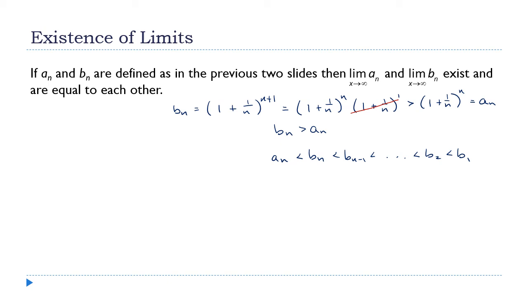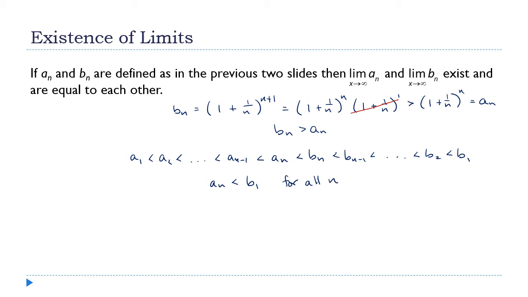And with the a's, it's the other way around: a_(n-1) is less than a_n, is less than a_2, is less than a_1. So what this shows is the a sub n's are bounded. a sub n is less than b sub 1 for all n.